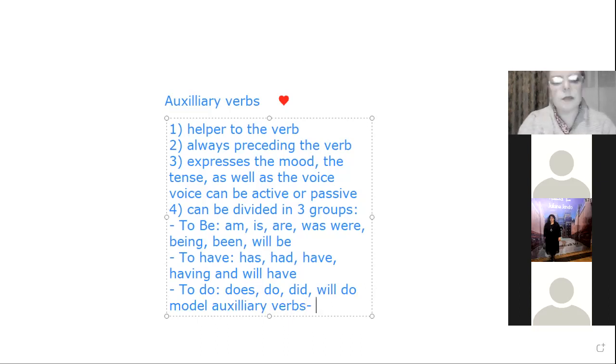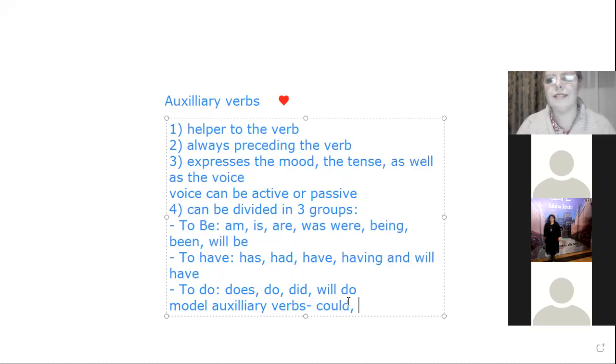Model auxiliary verb is could. Let's switch this one a little bit.